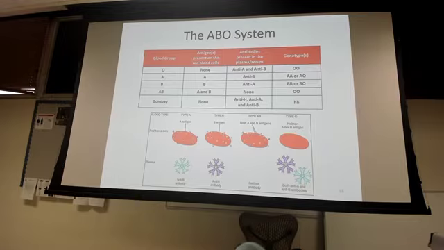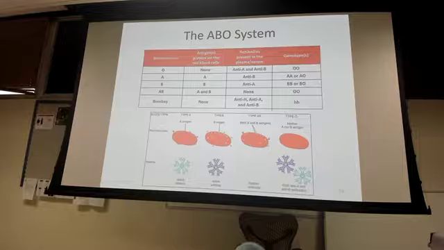All right, so the ABO system. You know that blood type O has no antigens on the red blood cells, but they have the A, B antibodies in their serum, right? A has the A antigen with an anti-B in the plasma serum.